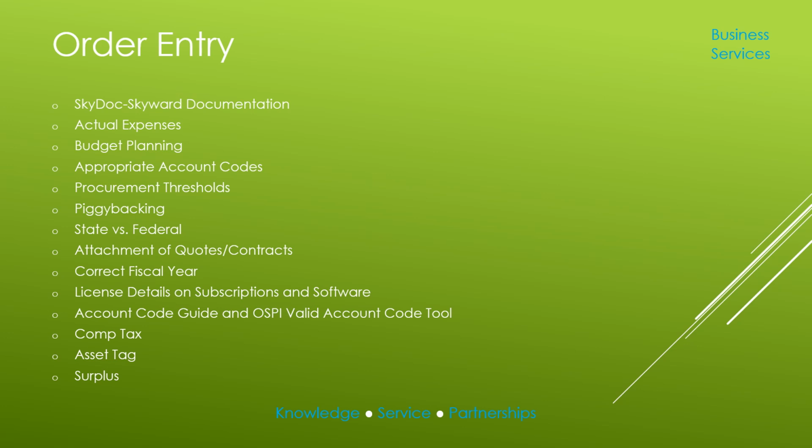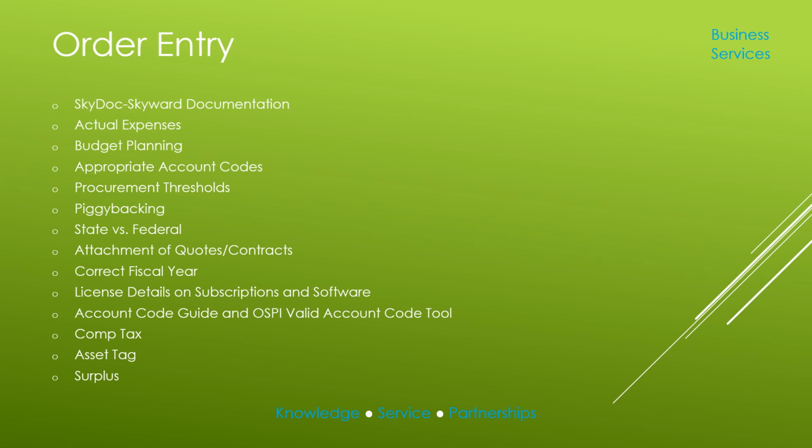One of the most important considerations is whether the order total will exceed bid thresholds. Please refer to the Procurement Requirements Matrix on our Employee Resources Business Services webpage to assist you with determining whether you will need to get quotes, go out for bid, or piggyback off of an existing contract. Keep in mind that there are different thresholds for state and federal funds.